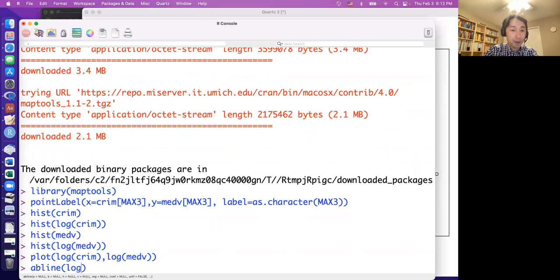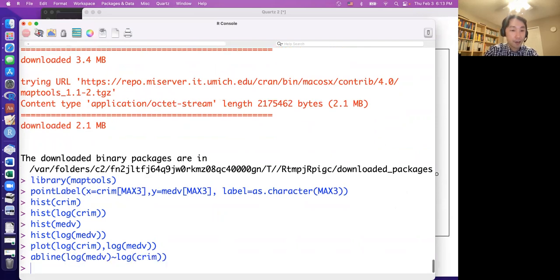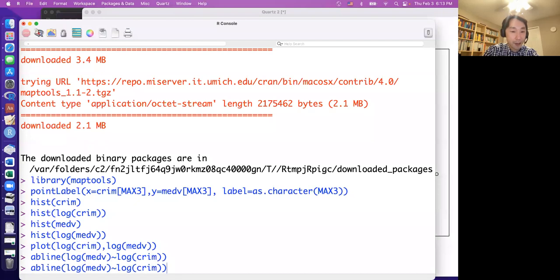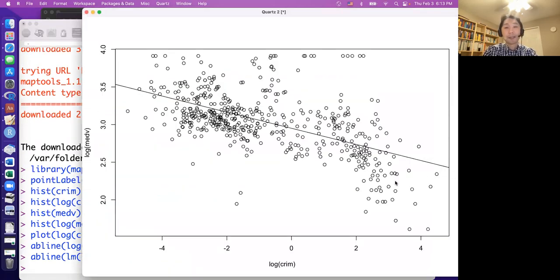Yeah, log of median value and log of crime rate. Sorry, I didn't put lm. Yeah, like this. So this looks like a more reasonable analysis.